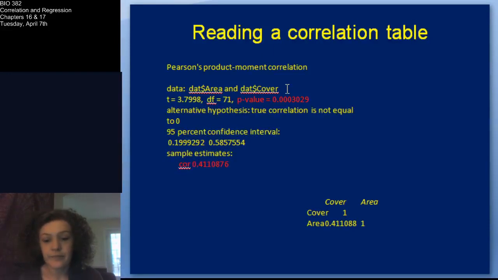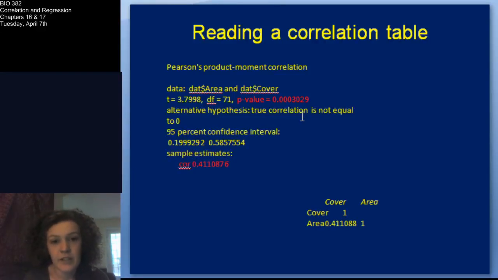This brings up an important point, and that is sometimes you have a correlation coefficient that you might say doesn't seem very high, like 0.41 on a scale from 0 to 1. But it is a significant correlation. And this is not that uncommon in ecological data because nature can be very noisy, so you may have a correlation coefficient that we would think of as low, maybe less than 0.5, but it's still a significant association.